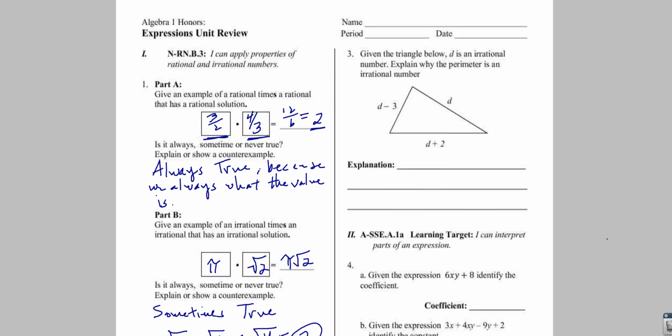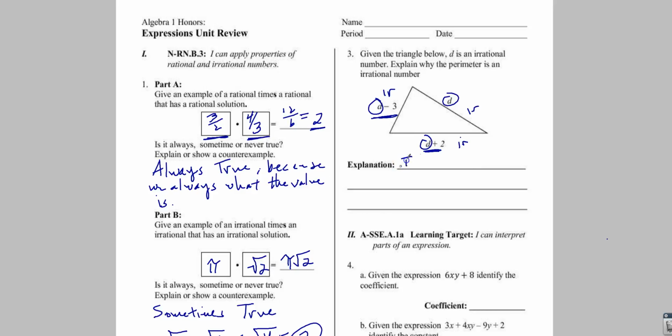Okay. Number 3, given the triangle below, D is irrational. Explain why the perimeter is an irrational number. Okay, so if D is irrational, so if all of these are irrational, it means that this is irrational because you're adding a rational and irrational. This is irrational. And finally, this is irrational.